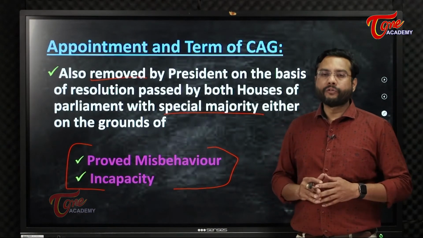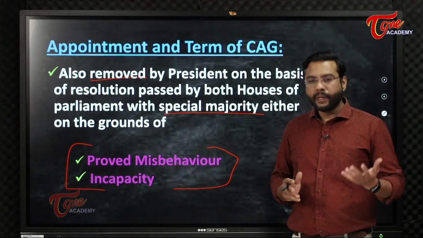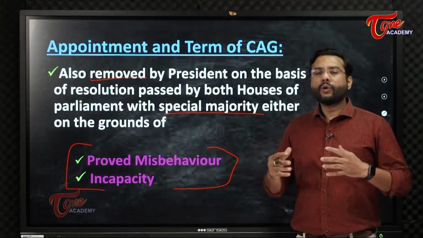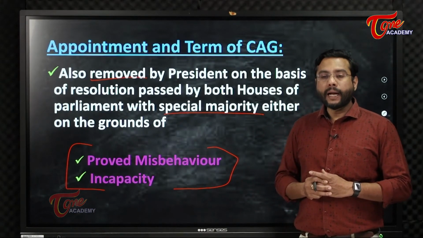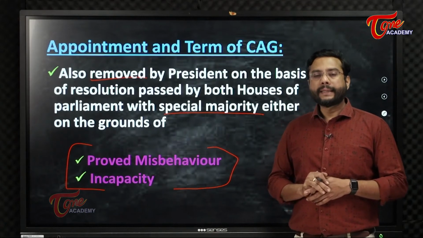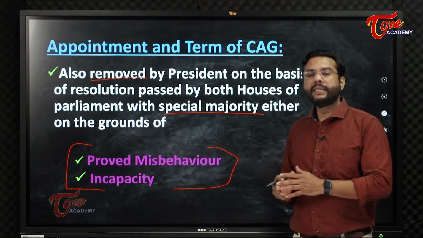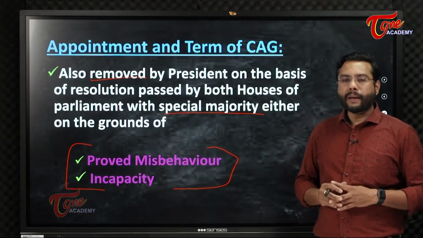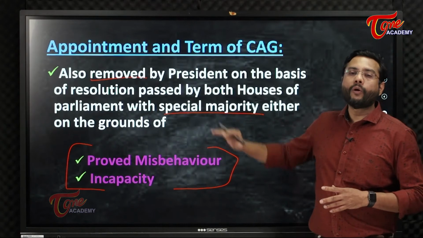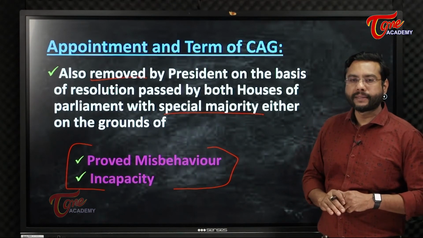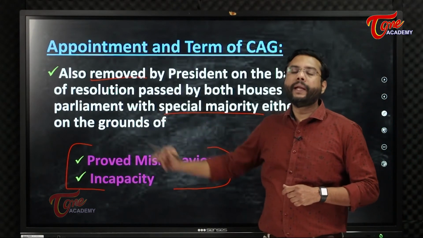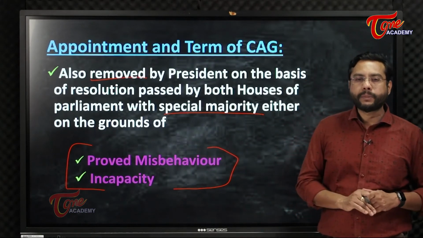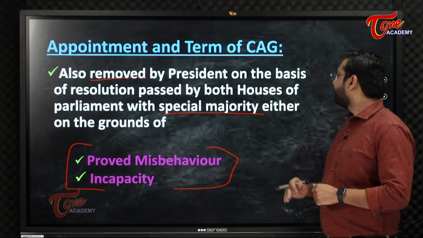So he might be under a lot of pressure, or there may be allegations on the CAG also. So the nature of the job the CAG has should have the protection of the constitution, and that is the reason why we say the CAG is an independent office. No minister represents the CAG in the parliament, and also the removal of the CAG is very complex. That is, the resolution should be passed by special majority in both the houses on the basis of proved misbehavior and incapacity.